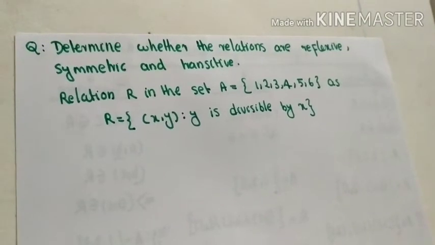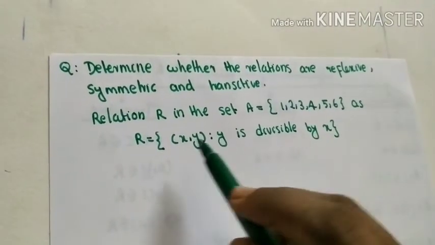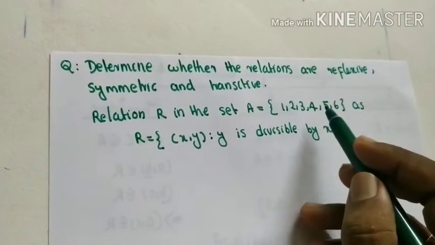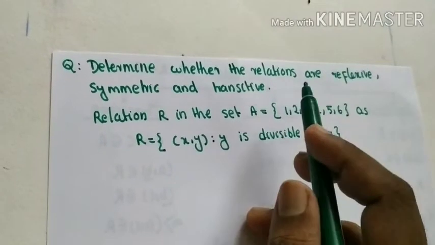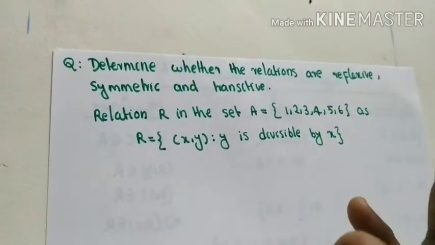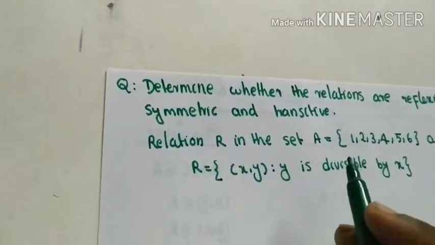So let's do one question. In this question, we are given a relation on set A and we need to determine whether the relation is reflexive, symmetric and transitive. So let us start the solution of this question.